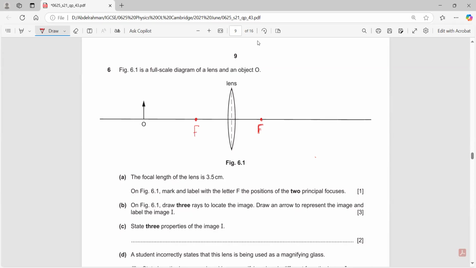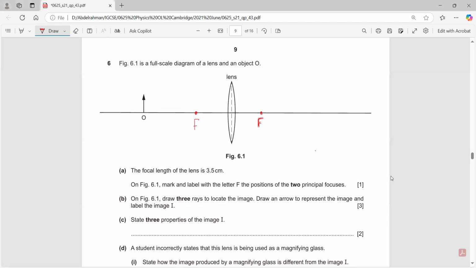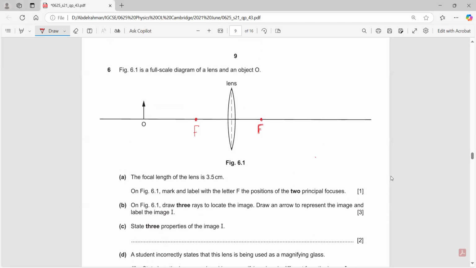And then draw three rays to locate the image. Draw an arrow to represent the image. So for this question, which is quite rare, you're never required to draw three rays. But no problem, I will draw three rays. I think this image will be smaller, or it might be larger.